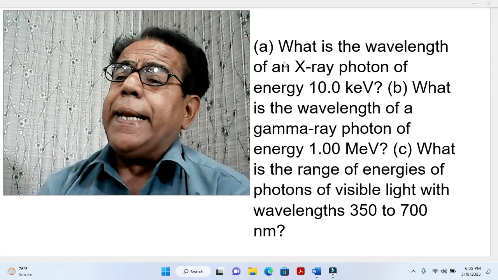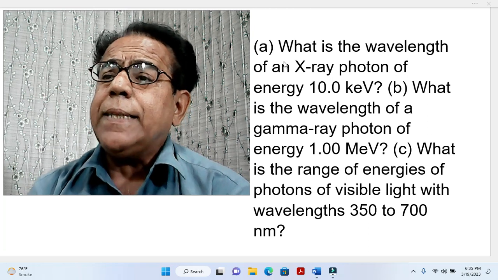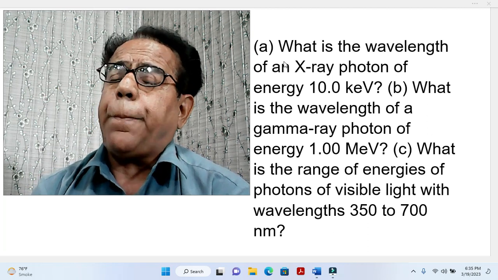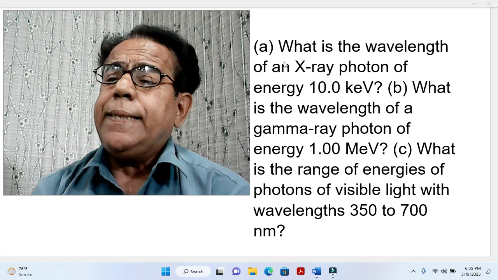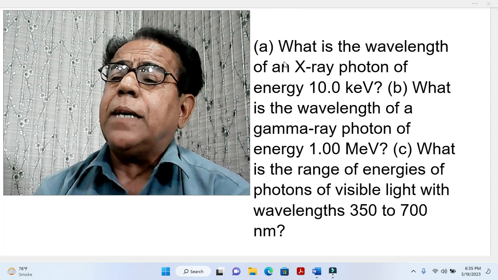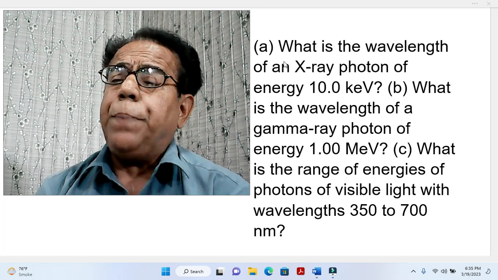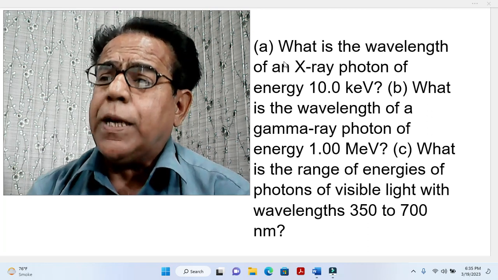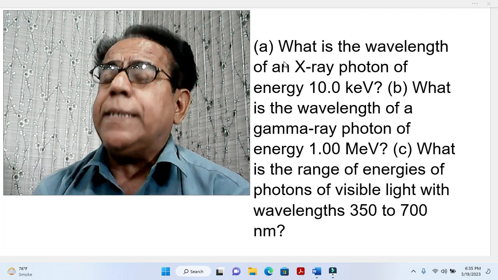Energy in part A is 10 kilo electron volt, that is 10,000 electron volt, while in part B this energy is 1 million electron volt, that is 10 to power 6. In part A, 10 to power 4 electron volt, while in part B 10 to power 6 electron volt.